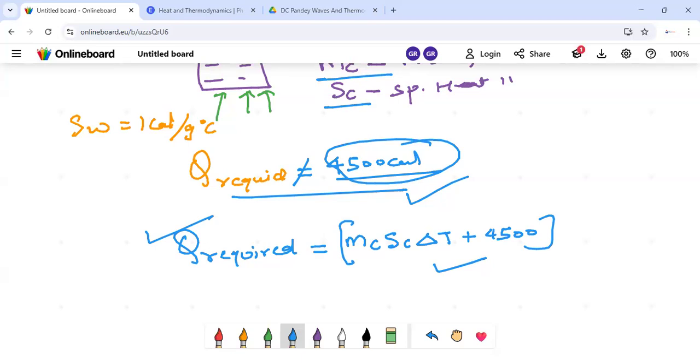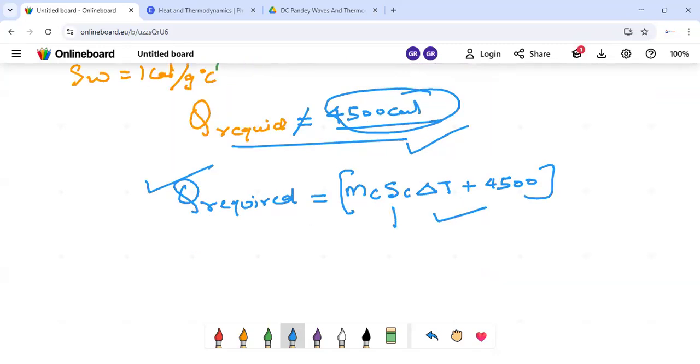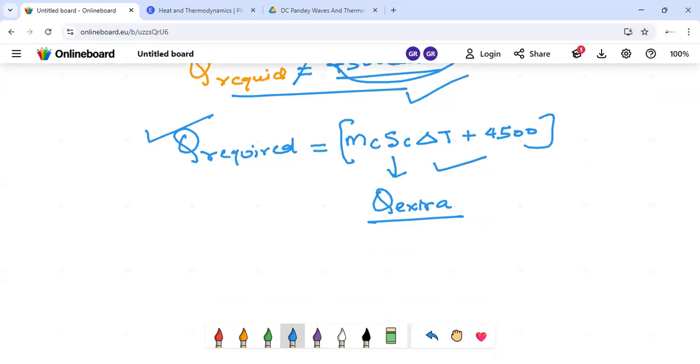Now let me tell you what is the meaning of water equivalent. So we understood this is the extra heat we want. This heat is not going to water, this is going for the container. If I take this extra Q and equate it with mass of water into specific heat of water for the same rise as the rise of the container. Basically, let's say the container is absorbing 500 calorie.